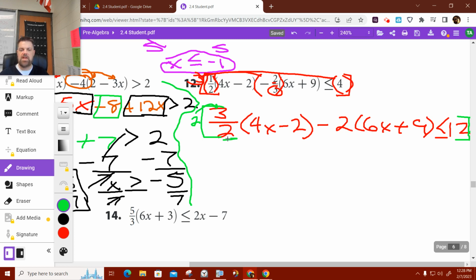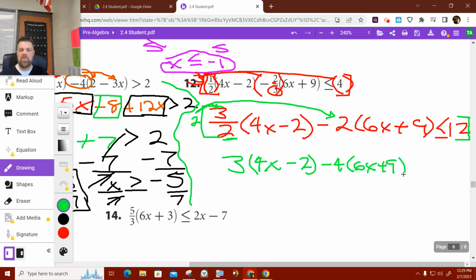What's 6 divided by 2? 3. So that just stays 3, and that's times 4x minus 2. The stuff in the parentheses stays the same. 2 times negative 2 is what? Negative 4. The stuff in the parentheses stays the same. And then I got to multiply 2 times 12, which is 24. Can you guys see that okay?